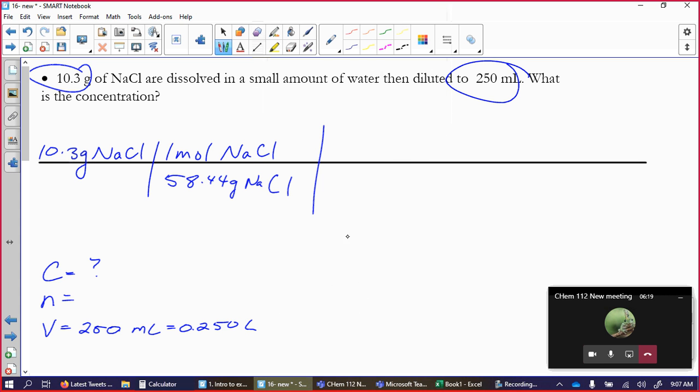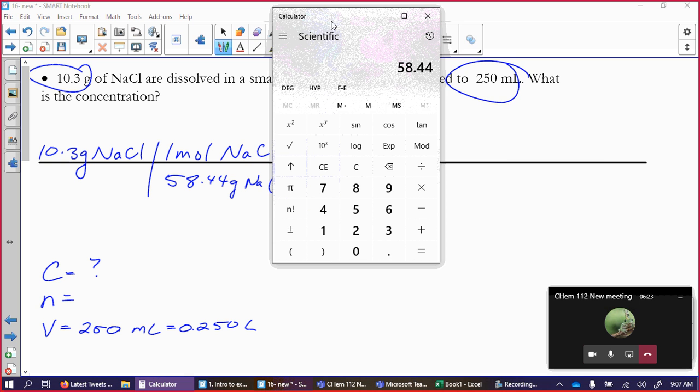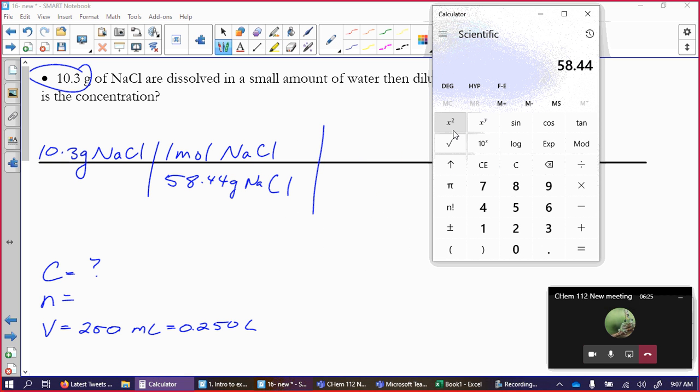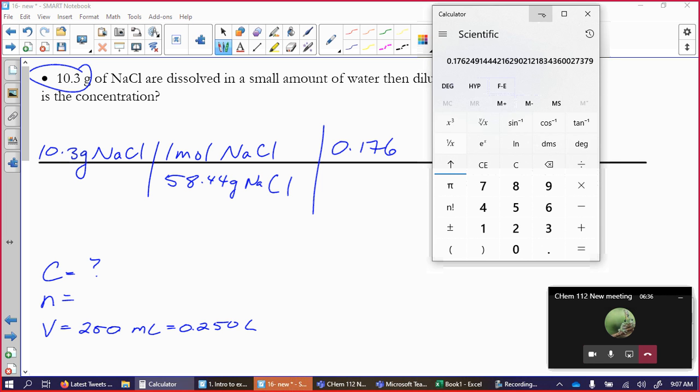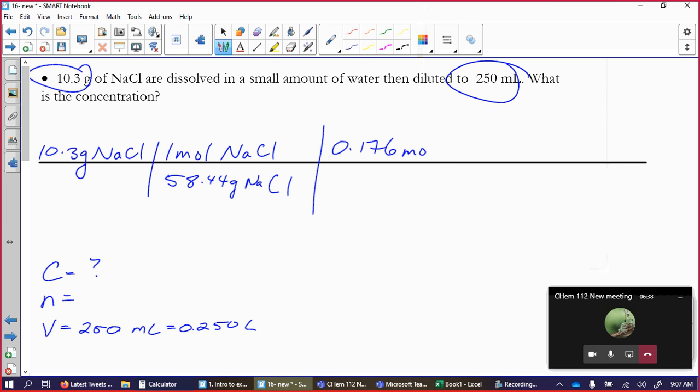I do my mole conversion. I do my handy dandy calculator trick where I take the inverse of that, multiply by 10.3. 0.176 moles of NaCl.